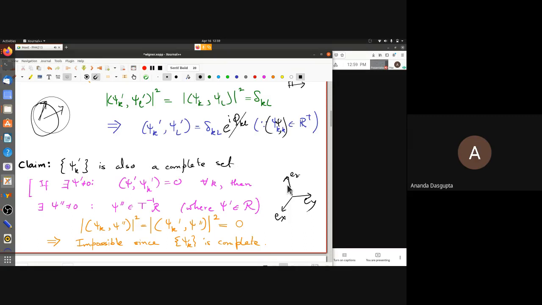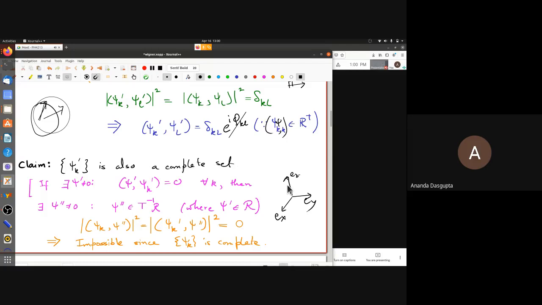But that's because Ex and Ey were not a complete set on your space. But suppose your space were 2-dimensional and Ex and Ey were really complete, then you would not be able to find a non-zero vector which is perpendicular to both Ex and Ey. In 2D, there is no vector which is perpendicular to both of them. In 3D, there is no non-zero vector which is perpendicular to Ex, Ey, and Ez. That's all we are saying here.